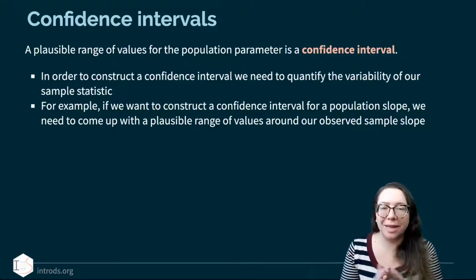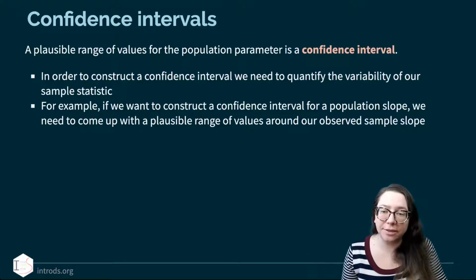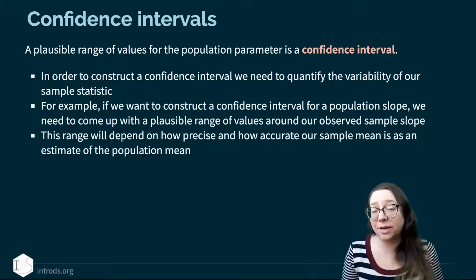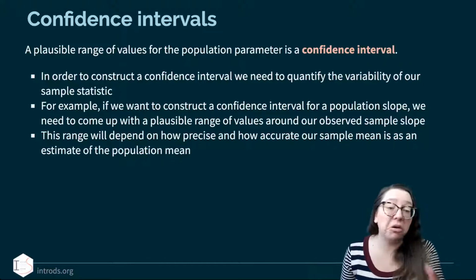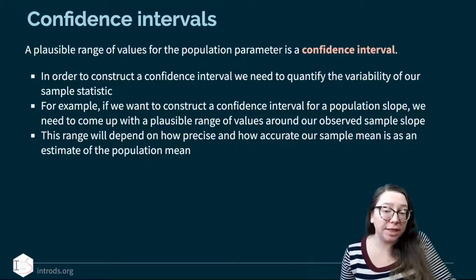But what is it going to be? Plus or minus 10, plus or minus 20, plus or minus 3? That's what we need to decide. This range will depend on how precise and accurate our sample mean is as an estimate of the population mean, or in this case, our sample slope as an estimate of the population slope. So whatever statistic you're thinking about, we're interested in its precision and its accuracy.